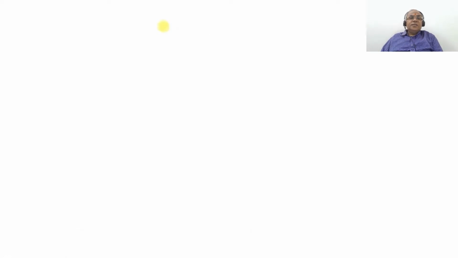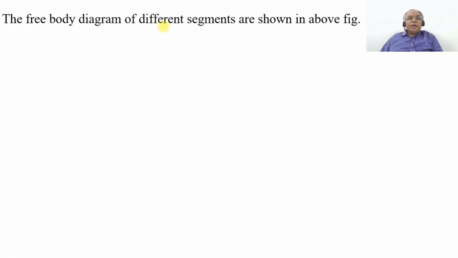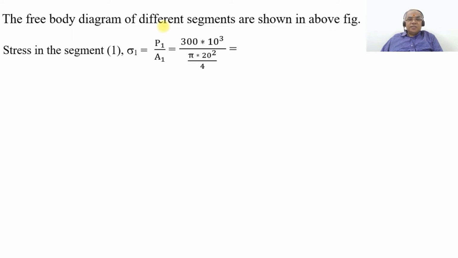Once you get this, we go to the free body diagrams of the segments as shown in the above figure. Yes, we have analyzed that. Now what is the stress in segment 1? Sigma 1 will be equal to P1 by A1. P1 is equal to 300 kilonewton, so that is 300 into 10 to the power of 3 divided by the area of cross section.